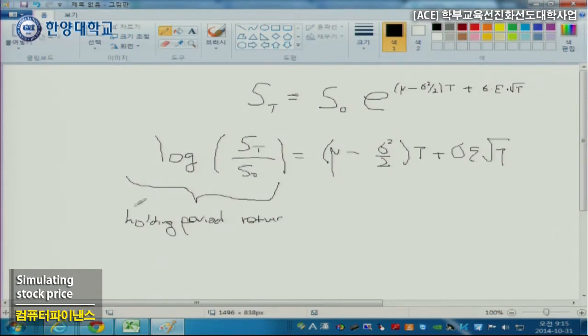It is like a return. Of course, since we take the log, it is continuous, not discrete time. Continuous holding period return.